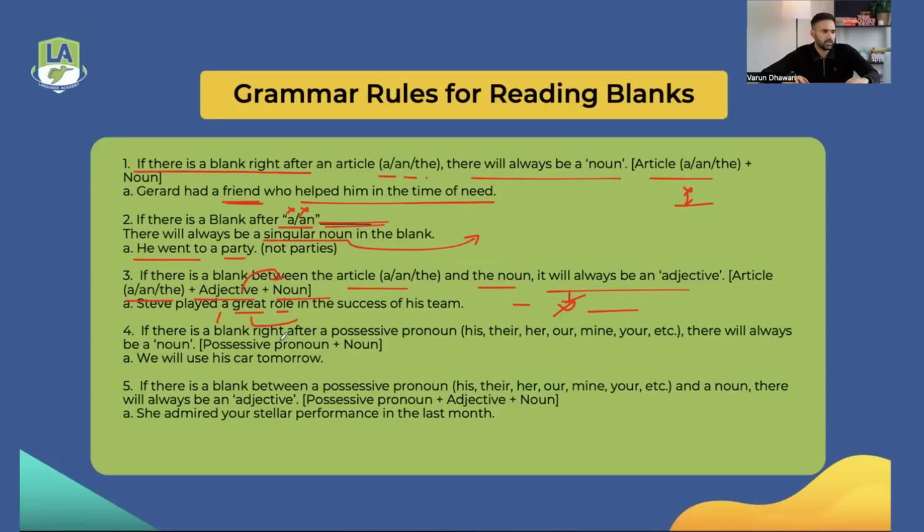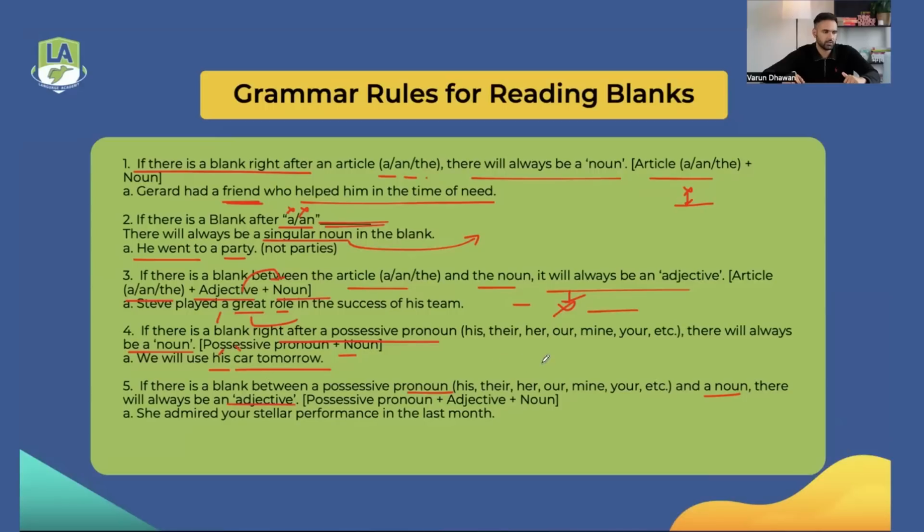If there is a blank right after a possessive pronoun, there will always be a noun. Possessive pronouns are words like his, her, mine, yours, words used to denote relationship. So after a possessive pronoun, always a noun. We will use his car tomorrow. If there is a blank between a possessive pronoun and a noun, there will always be an adjective.